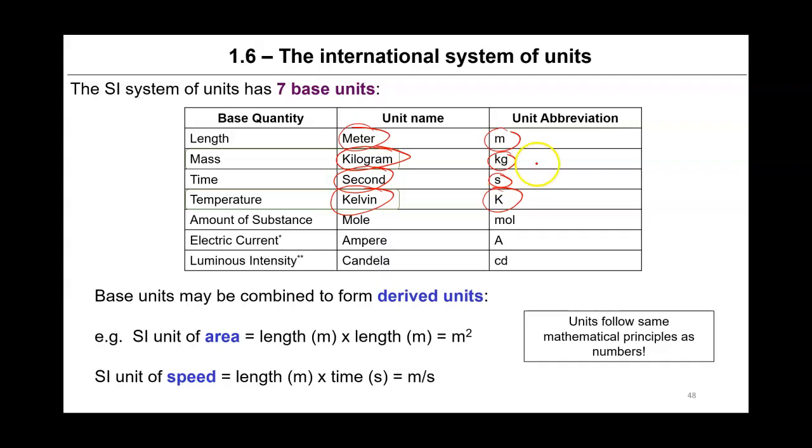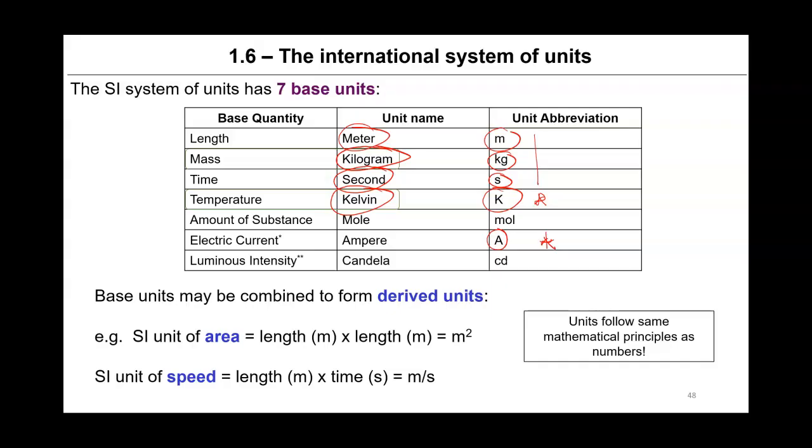Now at this point it's worth noting that there is a difference in case here, isn't there? Most of the time the unit abbreviation is written with all lowercase letters, except in the case where it's named after a person, and that only affects 2 of our units. So we do have to pay attention to that. The case is important.